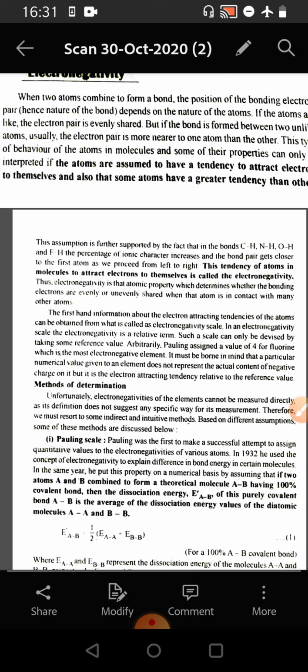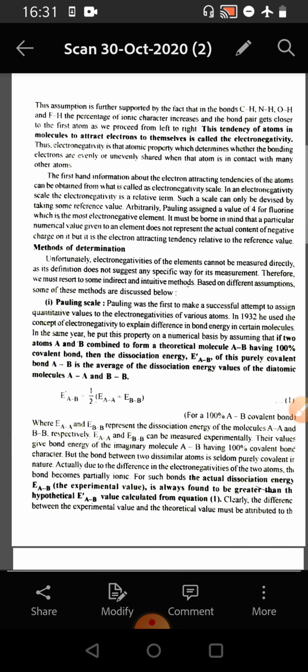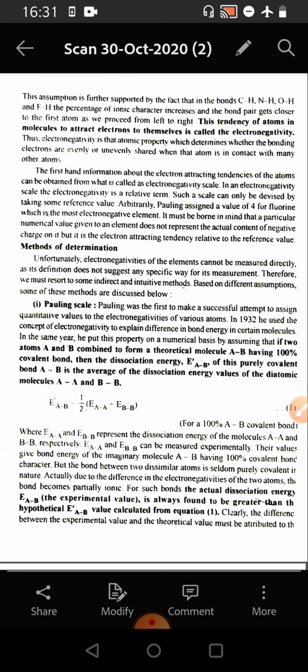This type of behavior of the atoms in molecules and some of their properties can only be interpreted if the atoms are assumed to have a tendency to attract electrons to themselves, and also that some atoms have a greater tendency than others. This assumption is further supported by the fact that in the bonds C-H, N-H, O-H and F-H, the percentage of ionic character increases and the bond pair gets closer to the first atom as we proceed from left to right.